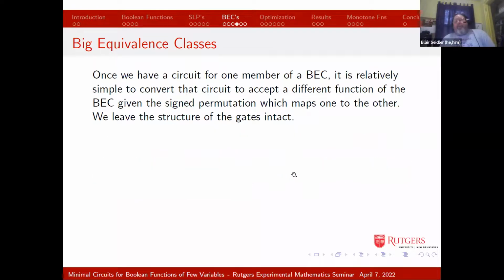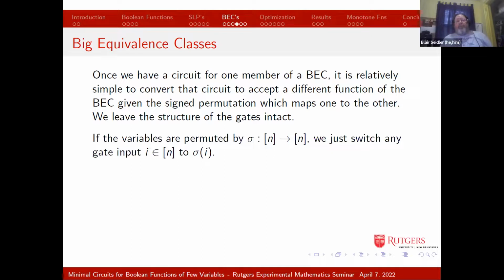Am I convinced that once I have a circuit for one member of an equivalence class, I can switch it over to a circuit that accepts other members of the class? The answer is yes, and it's a pretty simple process. I can just leave the gate structure intact, so all the wires go into the same places. If a gate has its output go to some other gate, I leave that alone.